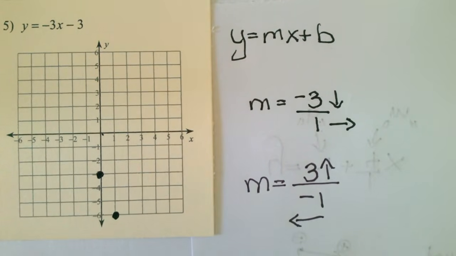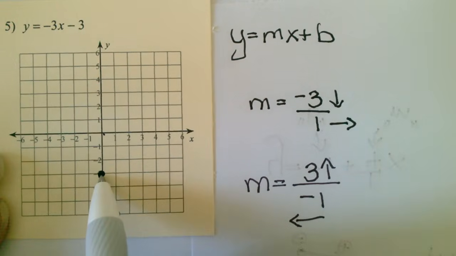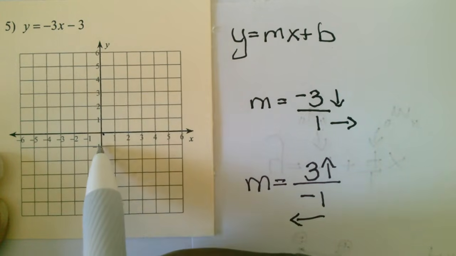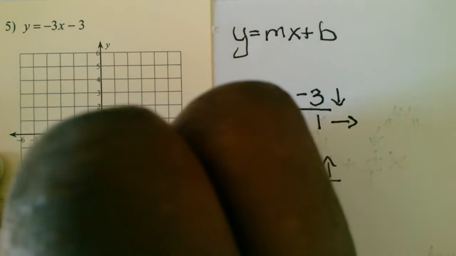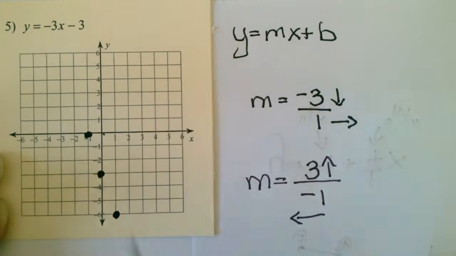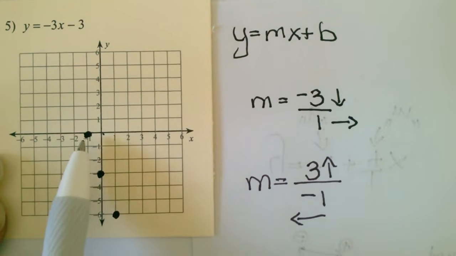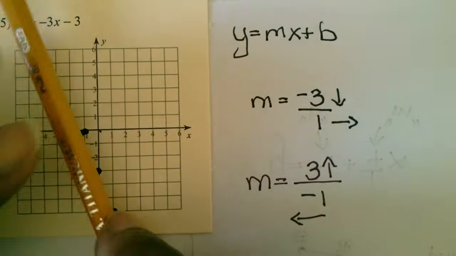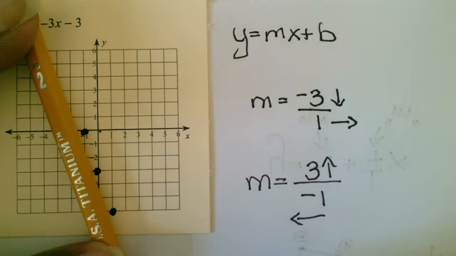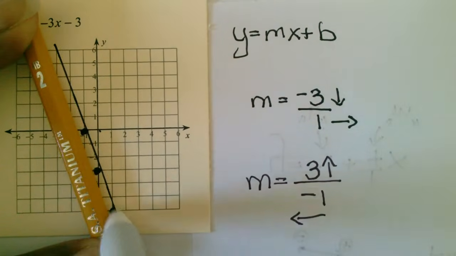So from our starting point, -3, go up 3, 1, 2, 3, and over to the left 1. Notice that point is following suit, so I can make my nice straight line, and try to go through most of the points.